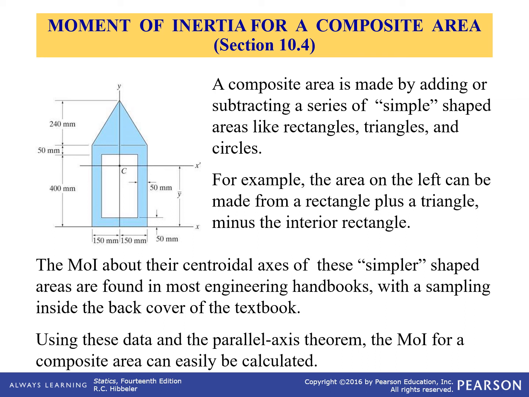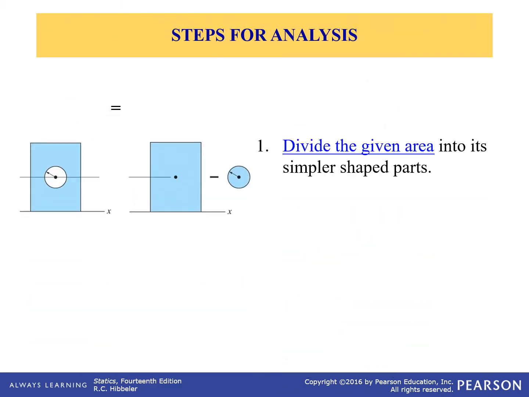So we can make a table based upon the shapes and the back of your book, to sum together and get a mass moment of inertia for an area of known shapes.